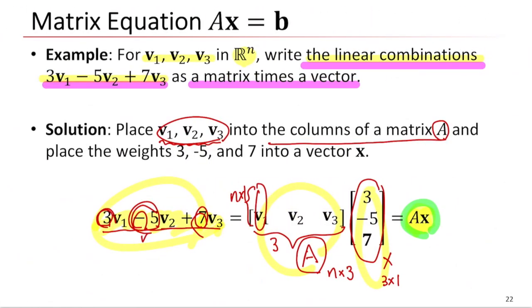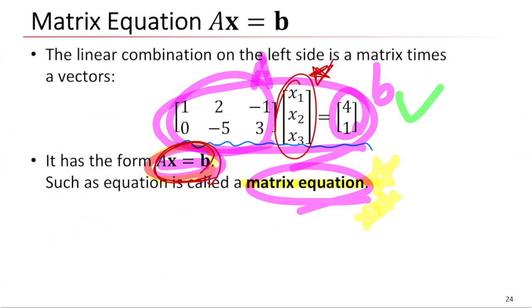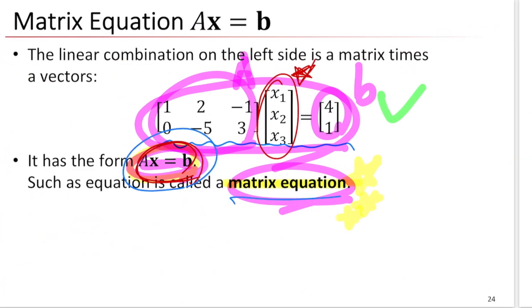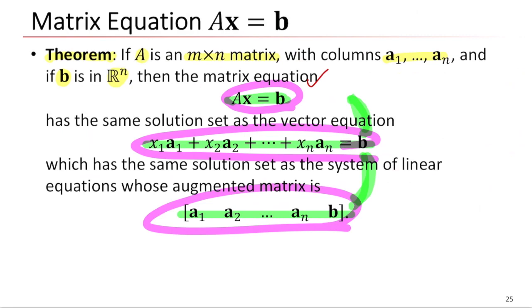Okay, so here was the example. Ax equals b is called the matrix equation. So here was the very, very important theorem, right?